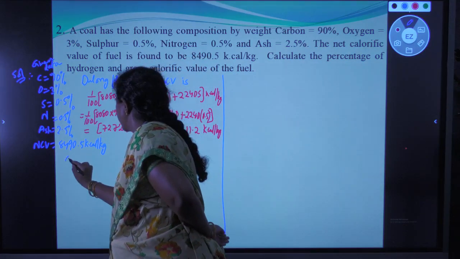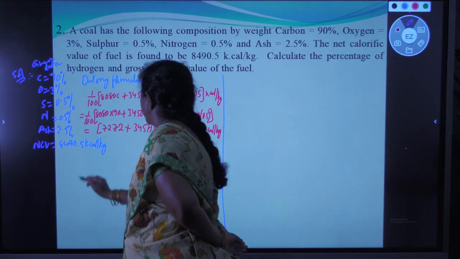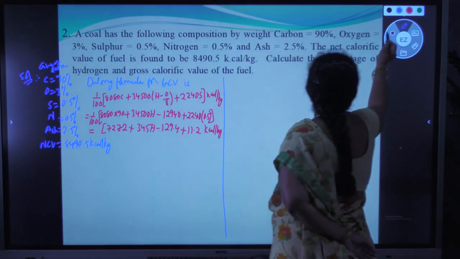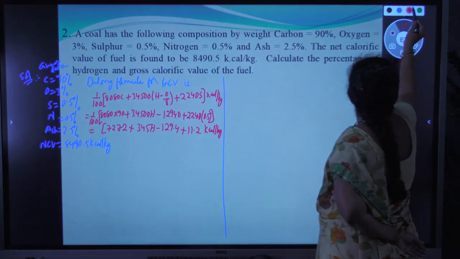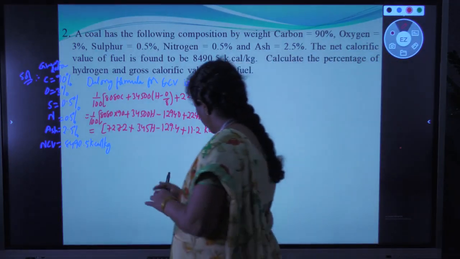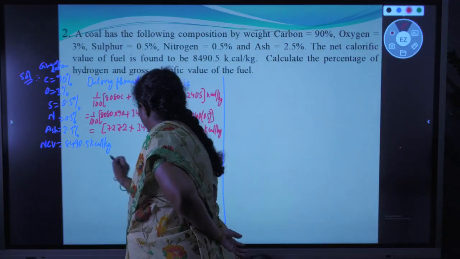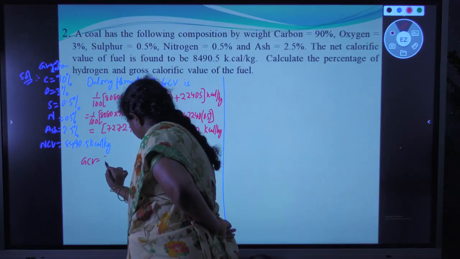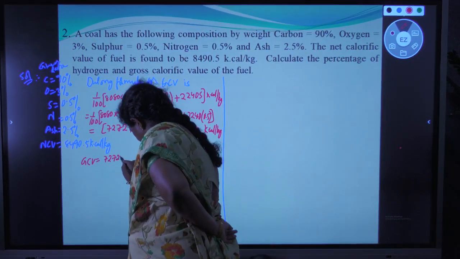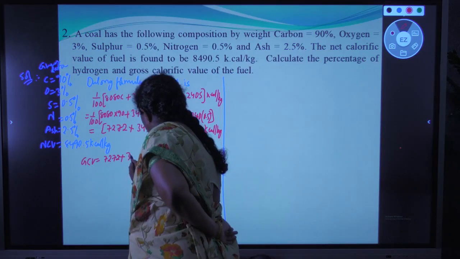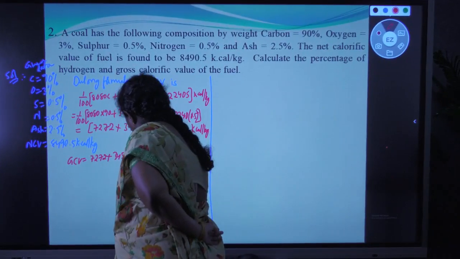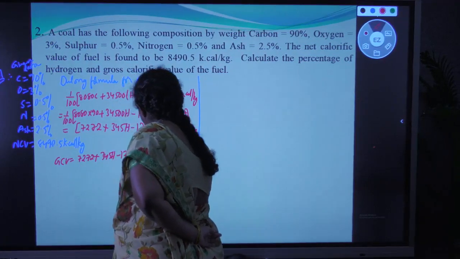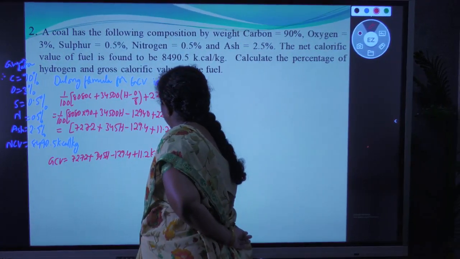So from this, GCV is equal to 72 plus 345 hydrogen minus 129.4 plus 11.2 kilocalorie per kilogram.